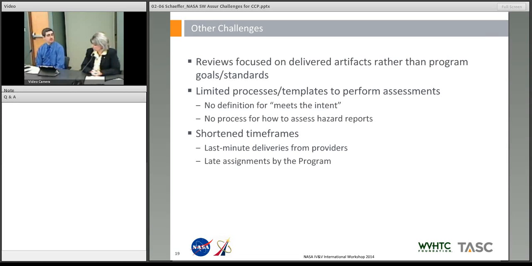The first bullet was kind of an interesting one. Commercial crew asked for reviews to make sure they have met the intent of our alternate standard. Let's use 7150, the software engineering standard, for an example, as well as have they identified all the hazards and have they been mitigated appropriately?